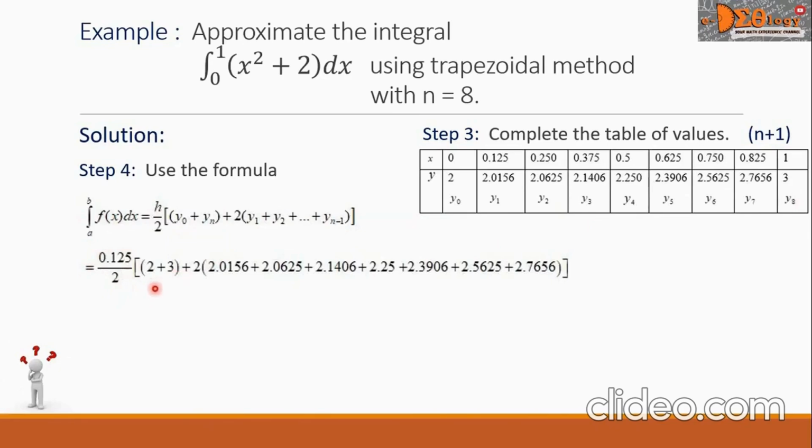So we write here 2 plus 3 plus the constant 2. We copy it here, multiplied by the sum of the remaining values of y. Using our calculator, we can simplify this value into 2.3366. This is now the final answer.